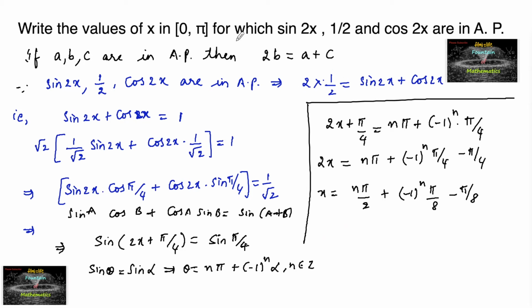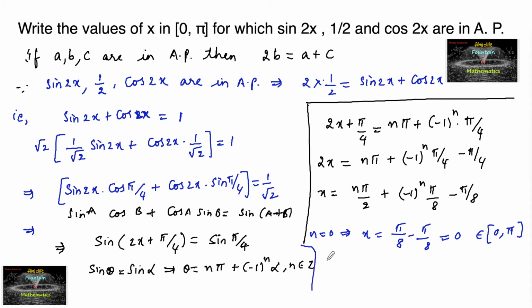So now in the interval 0 to pi we need to find the values of x. So let us consider n is equal to 0. For n is equal to 0, we'll have x is equal to 0, and here minus 1 whole power 0 is 1, that is pi by 8 minus pi by 8, which is equal to 0. So 0 belongs to 0 to pi. So we can consider this as one solution.